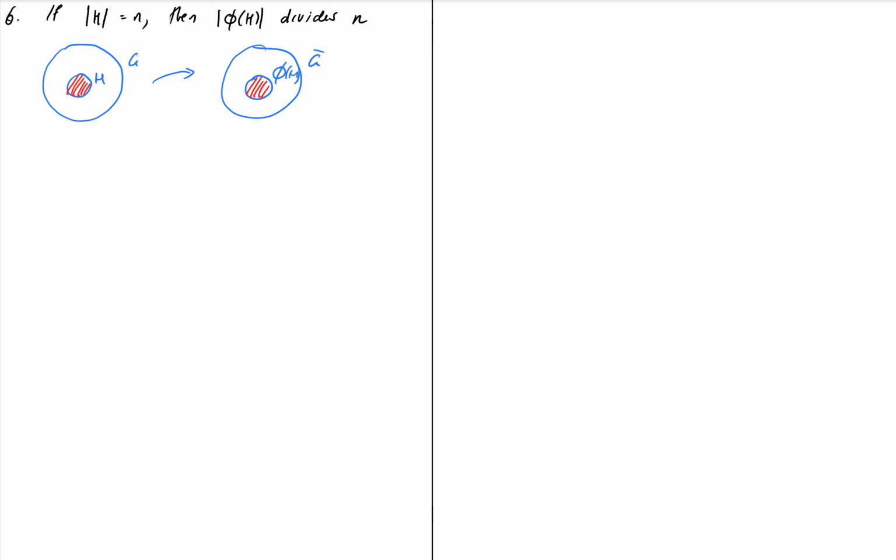And so this is our mapping phi. Actually, we're going to slightly change this up a little bit. We're going to delete G. And we're going to delete G bar. And we're just going to consider phi restricted to the elements of H. And we've got to call that phi H. Still the same mapping, but we don't care what happens outside of H.